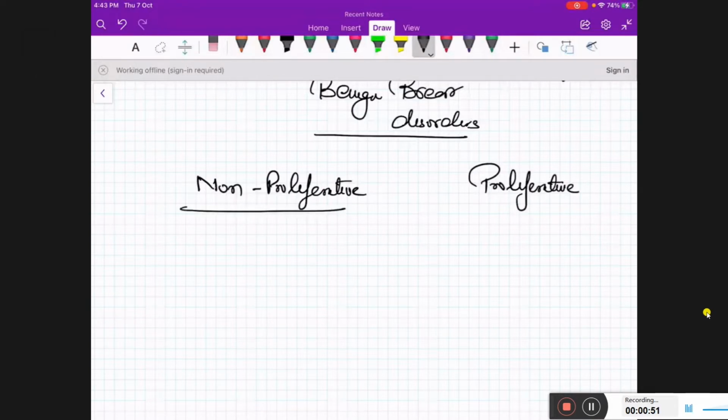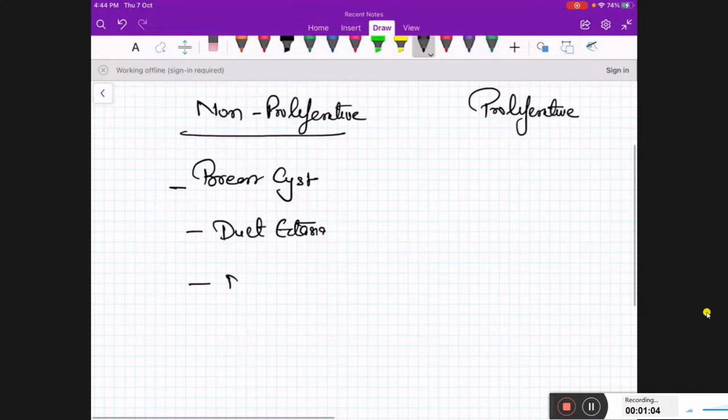Non-proliferative conditions include breast cyst, duct ectasia, mild hyperplasia, and fibroadenoma.